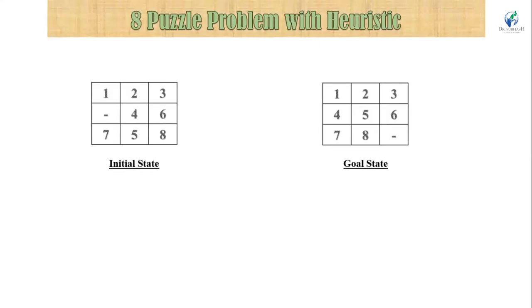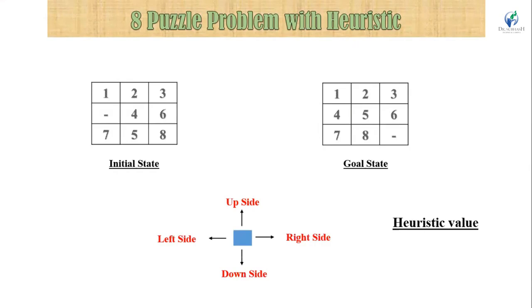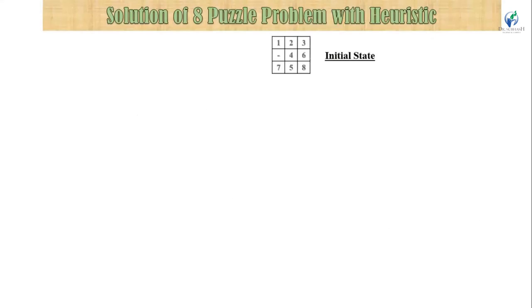So here we have the initial state and the goal state. With the help of legal moves, which are upside, downside, left side, right side, and with the heuristic value, we can solve this problem. We start with the initial state and expand it.